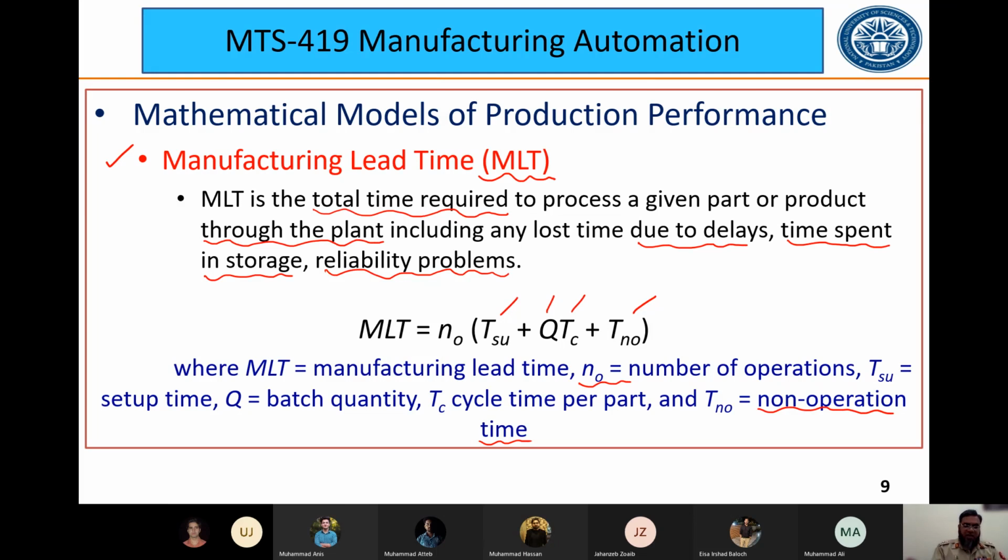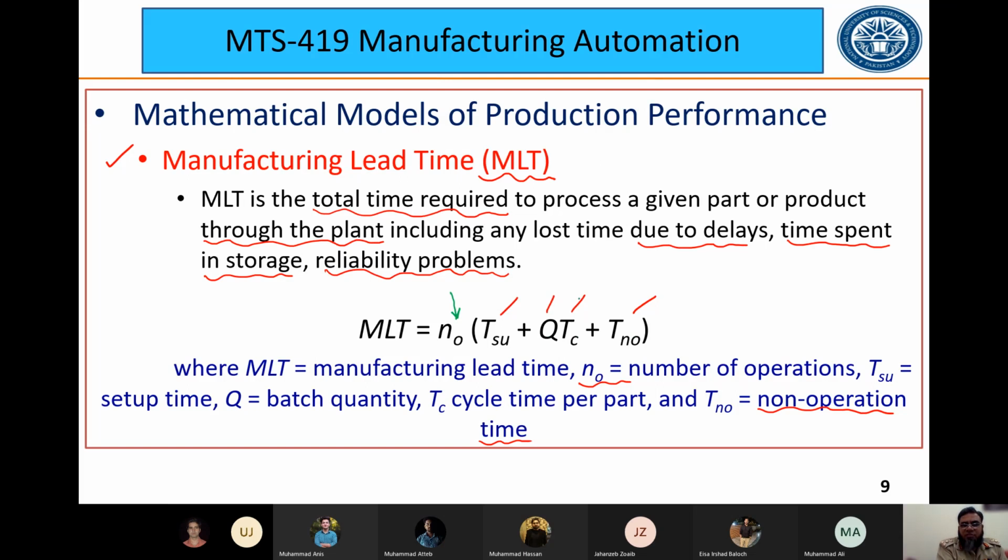So the manufacturing lead time as a mathematical equation would look like this. NO is the number of operations being carried out. TSU is the setup time for the machine or for the facility. Q is the number of quantities in a batch which are being made. TC is the cycle time per part, and TNO is the non-operational time. This non-operational time is the one incurred due to any kind of delays, storage or reliability problems.